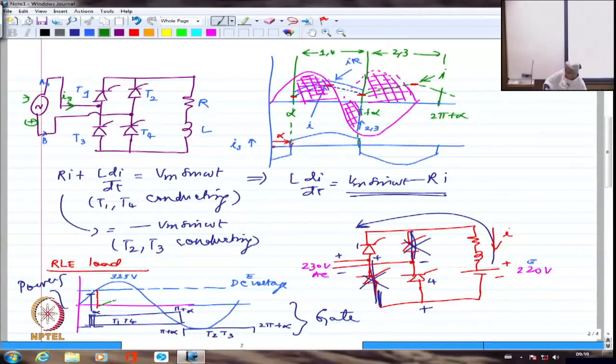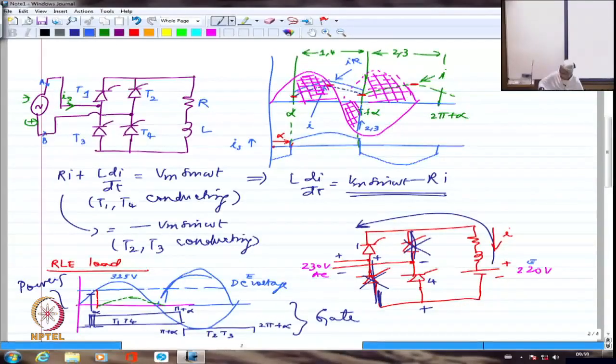The current will start rising from here, and it might just end up coming down something like this. It's possible. Depends upon R, L and E values, especially R and L values now, because I know exactly where E stands. So this is the way the current is going to be. Obviously, in the other half cycle, I'm trying to fire it somewhere here.